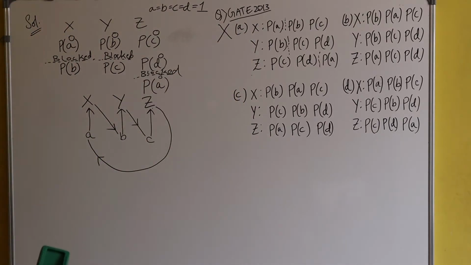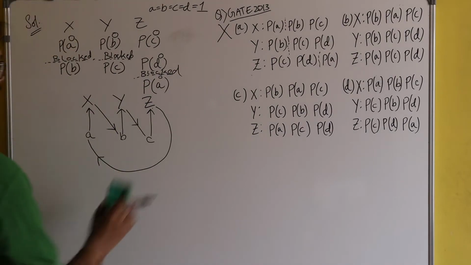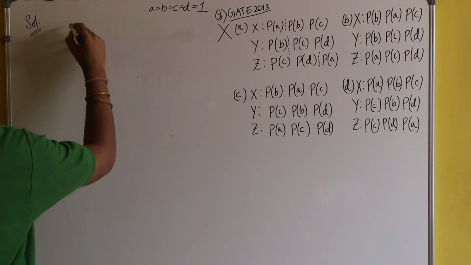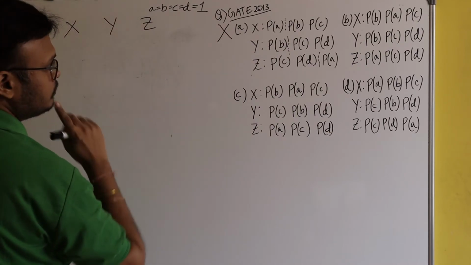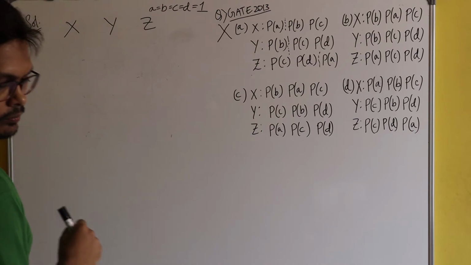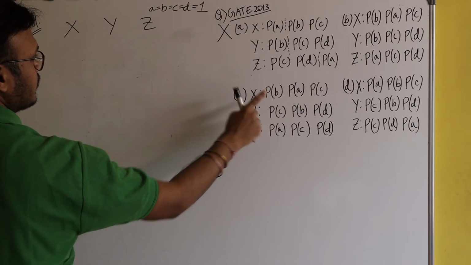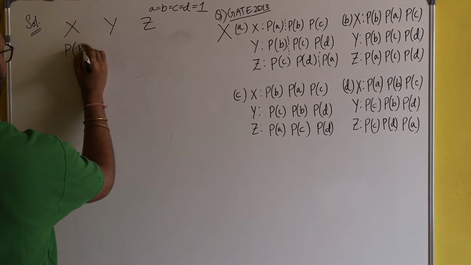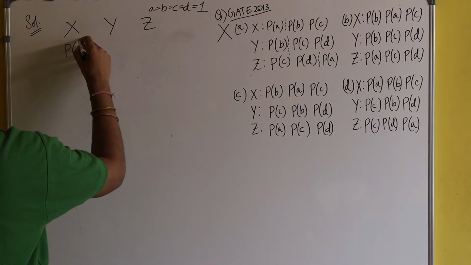Fine. So now, before coming to option B, let's check option C. I'm roughing this out. So now let's see what option C is. There are 3 processes: X, Y and Z. Suppose process X goes first, with the CPU, and successfully executes the P operation on B. After successfully executing, the value of B is 0.